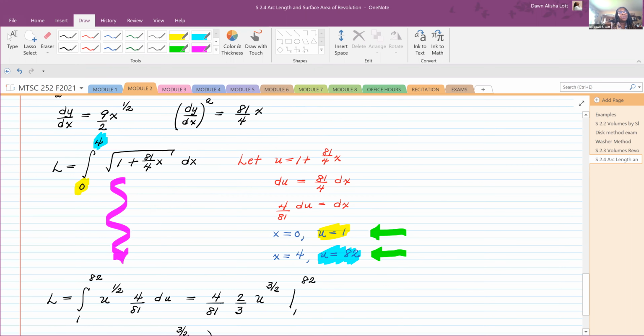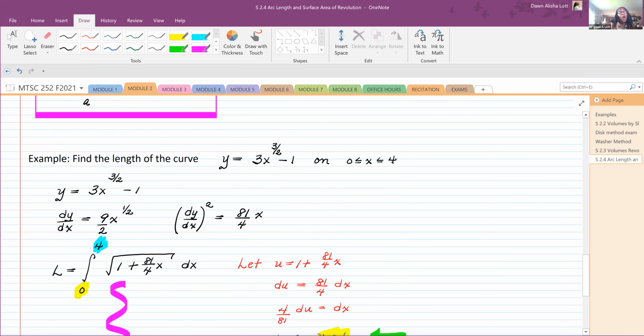It can also be given to you in terms of y.